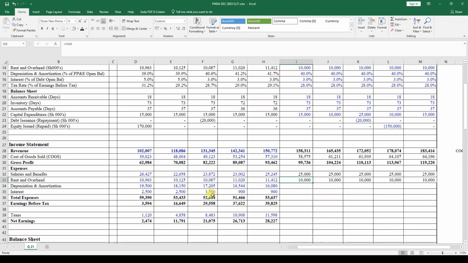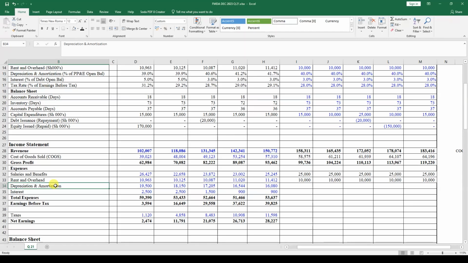Now we move ahead and try to model the depreciation and amortization. In real life, modeling depreciation and amortization is a bit of a challenge, because we need to know whether it's going to be reducing balance or straight line method.